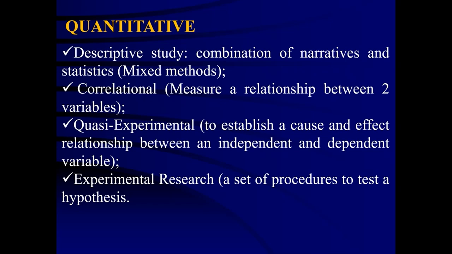Then you can also use experimental research, a set of procedures to test a hypothesis. We already spoke of hypothesis. If you have a particular hypothesis, you will use the experimental to confirm if that hypothesis happens to be true or not.